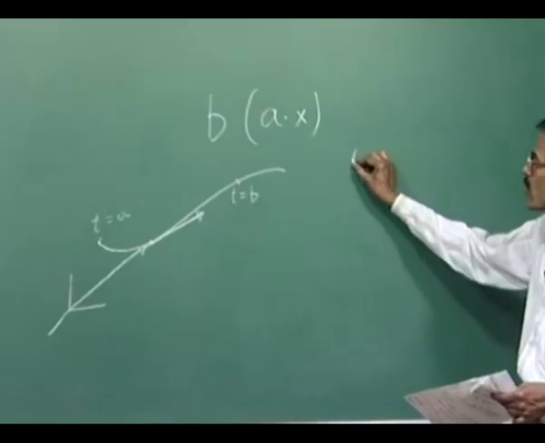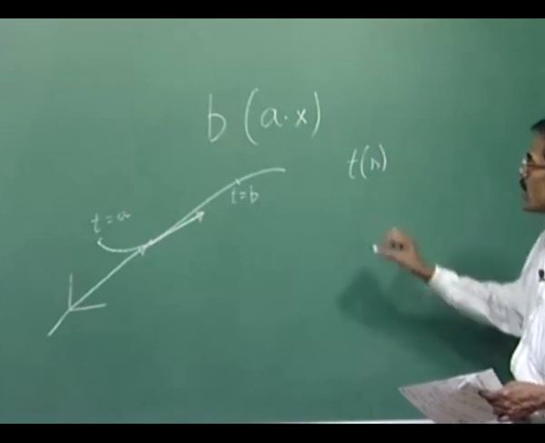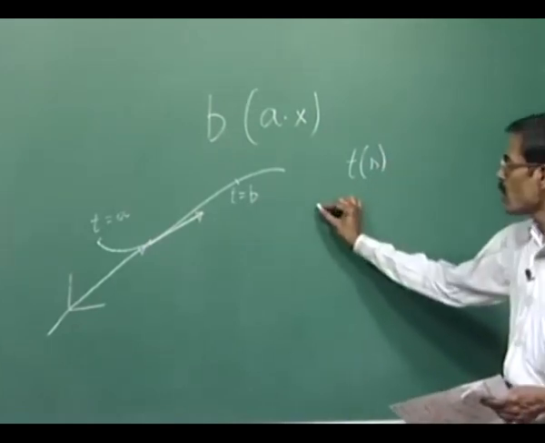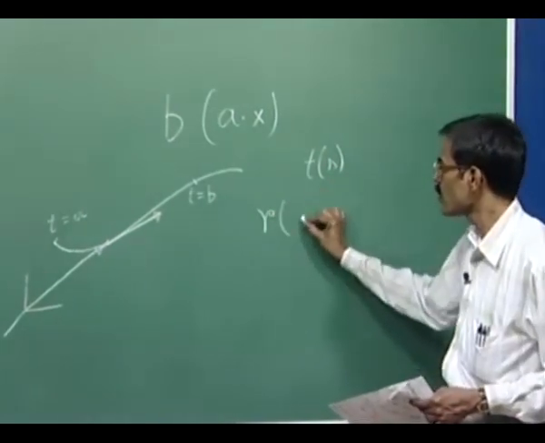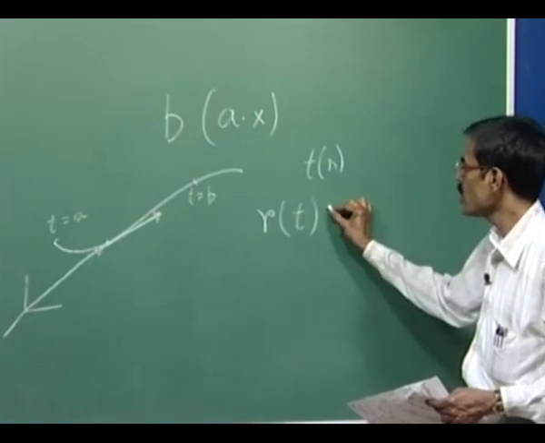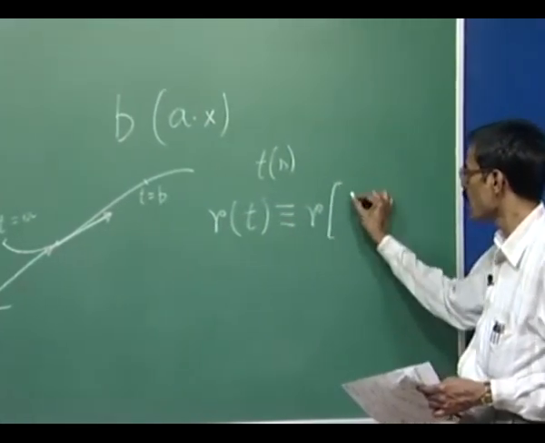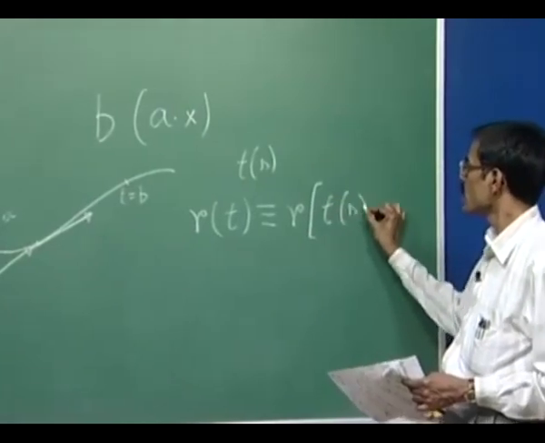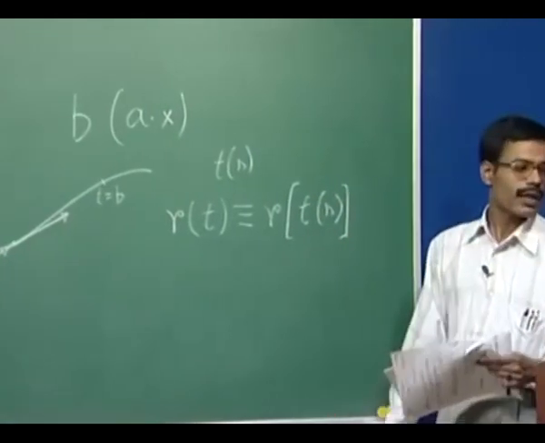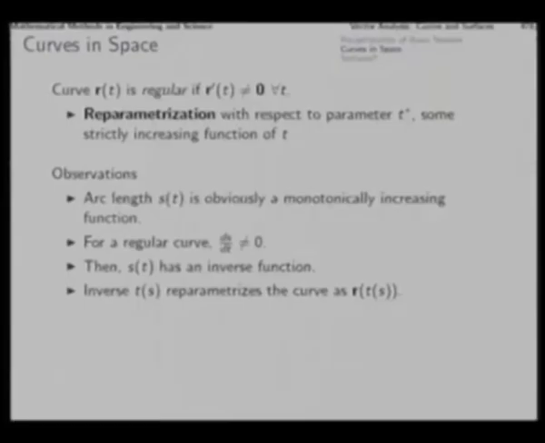That is, its inverse can be expressed as t of s, and if we can do that, then wherever we had the representation of the function as r of t, we can revise it as r of t of s. That is, by virtue of the fact that the arc length function has an inverse.